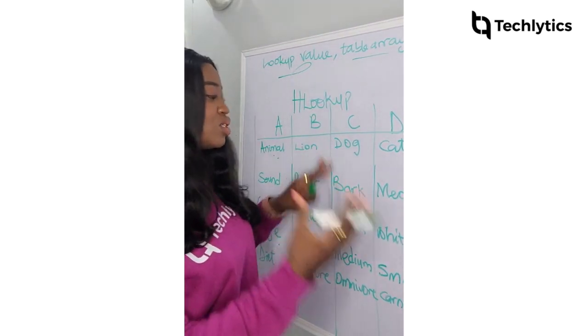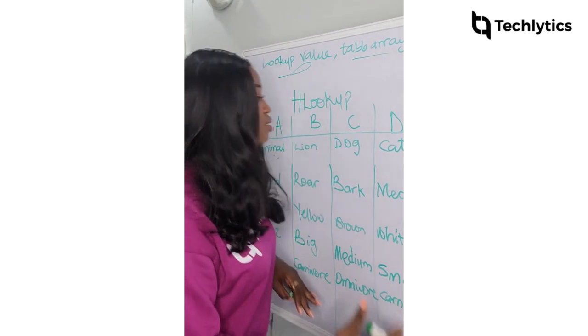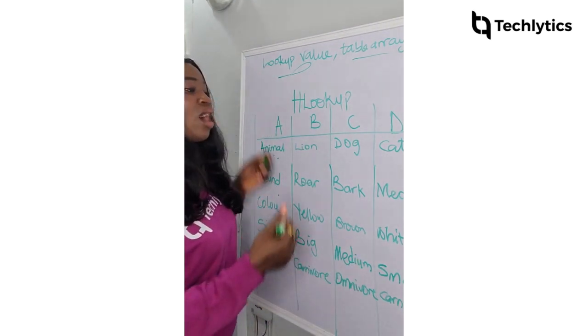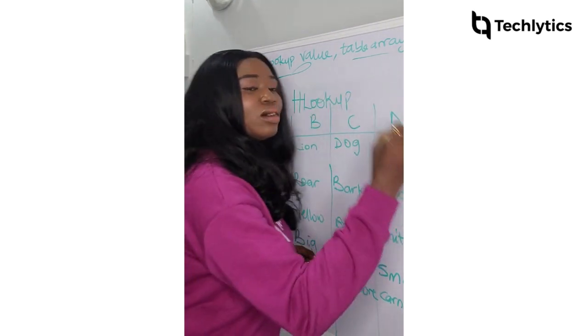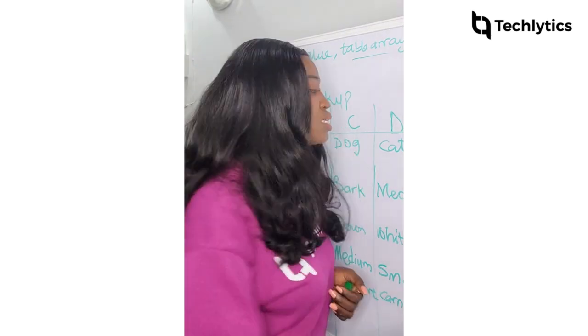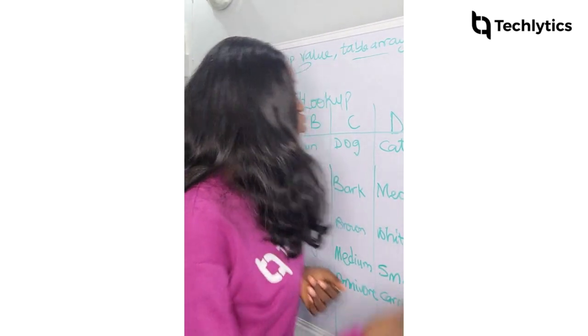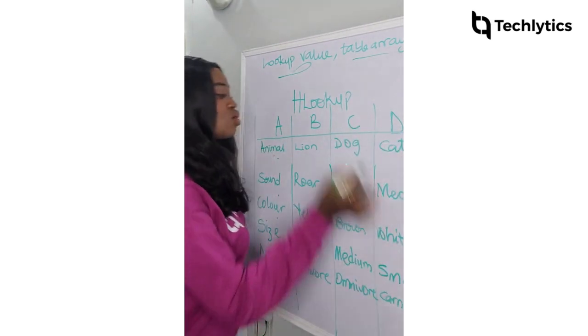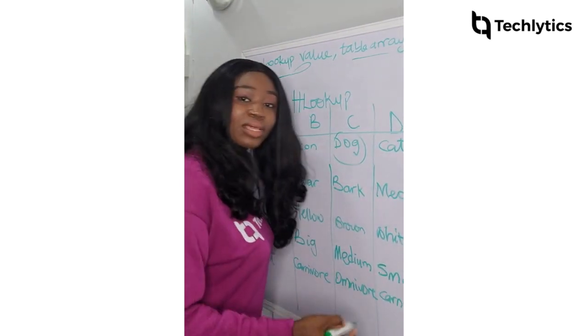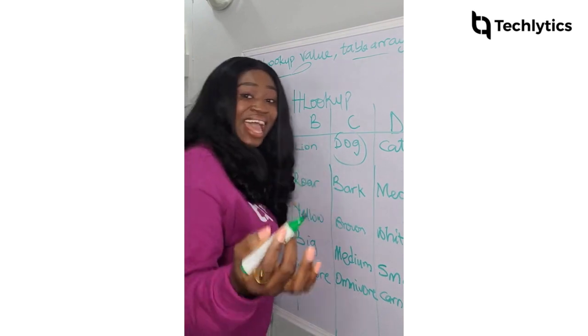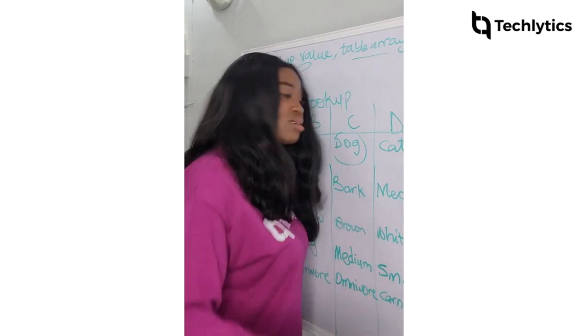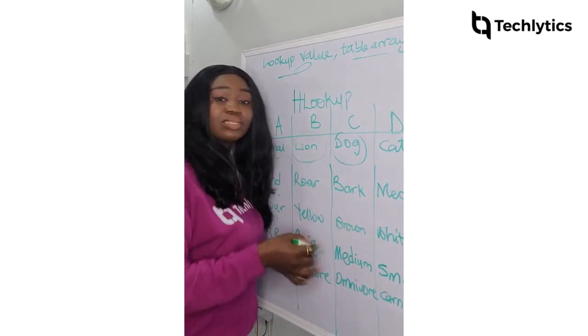So you may want to know a particular characteristic of a cow, let's say its diet, or the size of a dog, or the sound a lion makes.